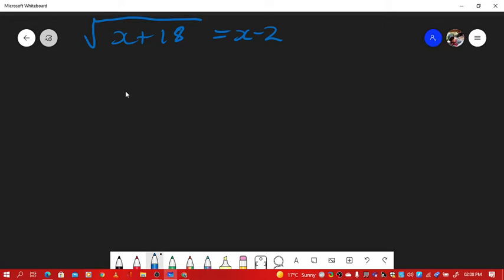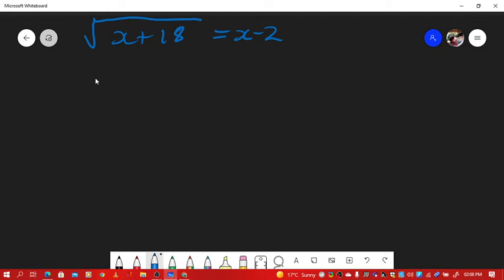Okay, so here we have another solve for x equation. The equation appears like this, where it has a square root of x plus 8 is equal to x minus 2. So now my advice is for you to get rid of the square root so that you can take all variables to one side of the equation and be able to solve for your x.